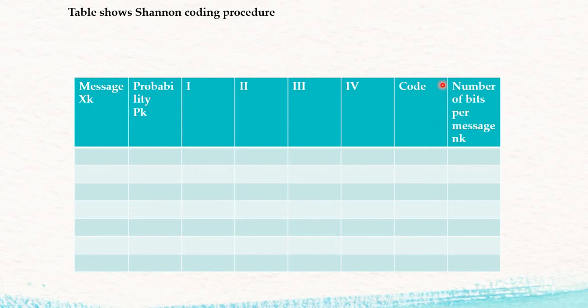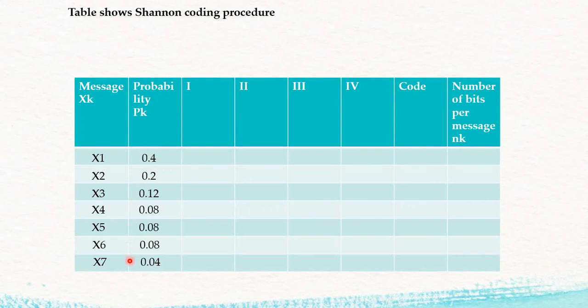So your table goes like this, and now we start with the filling. Listen carefully how we are going to fill this. The first 2 columns indicate the message and its respective probability, so from the given message and symbol we just copy the values. The first message is x1 with a probability of 0.4, the second is x2 with a probability of 0.2, x3 with a probability of 0.12, x4 with a probability of 0.08, x5 with a probability of 0.08, x6 again with a probability of 0.08, and x7 with a probability of 0.04.